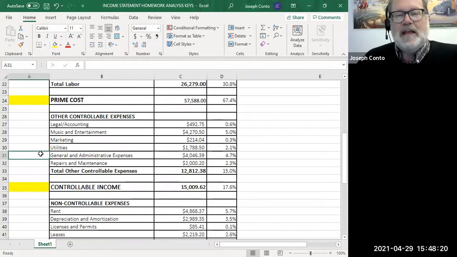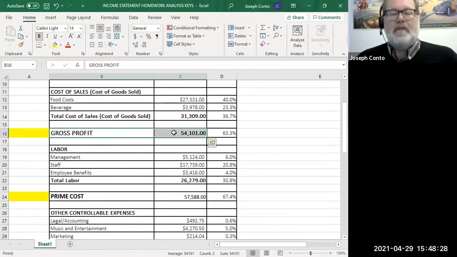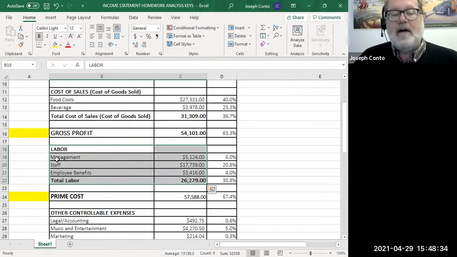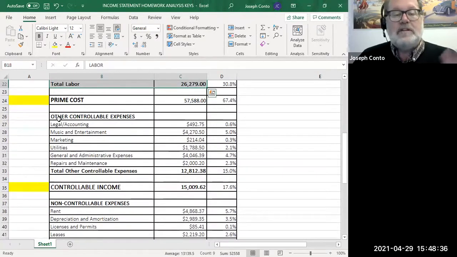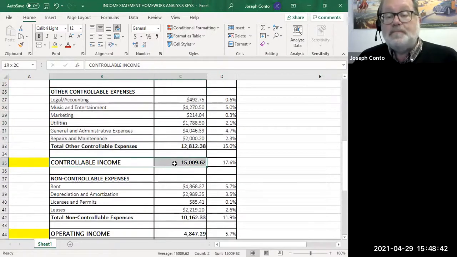So those are the things that we say whether or not the manager did a good job or not based on this. So we take our gross profit, right? Our gross profit is our revenue with our cost of goods sold already removed. Then we remove this block of costs from there, and we skip prime cost, and we remove this block of costs from there, and we have something called our controllable income.